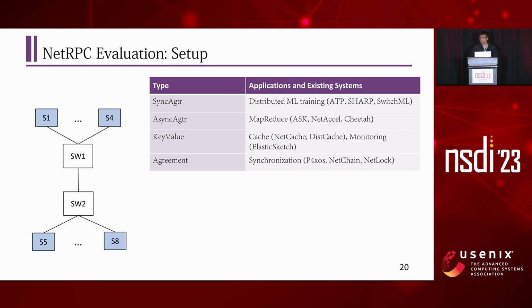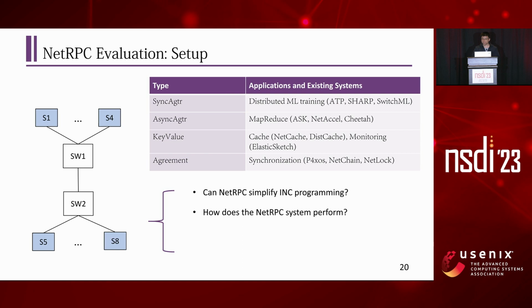And in the evaluation part of NetRPC, we use 8 GPU servers connected to 2 programmable switches. And we run 4 types of INC applications on the NetRPC-based systems and try to answer 4 questions about NetRPC's programming simplification, system performance, concurrency, and reliability.